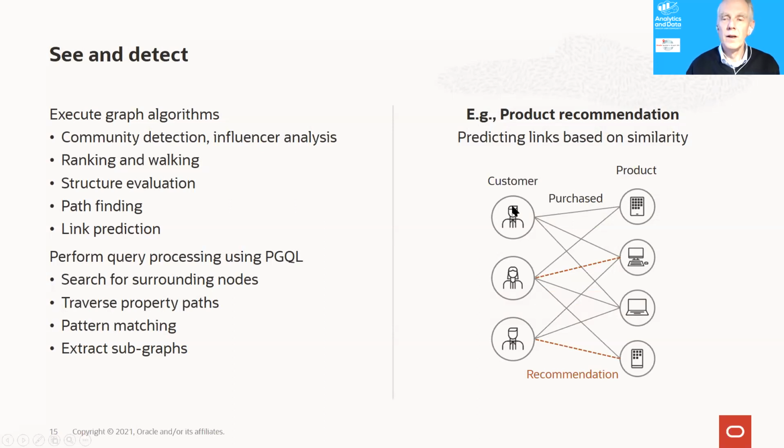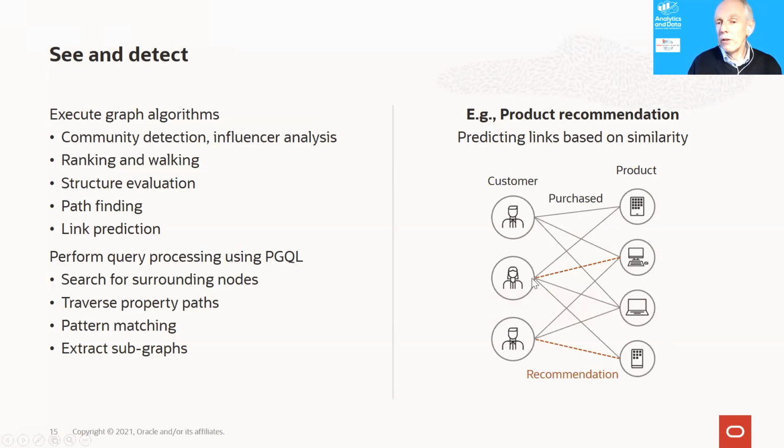If you have this sales history schema, and you have your customers and your products connected through the purchased relationship, every row in the customer table would become a vertex, every row in the product table becomes a vertex, and the edge, which is derived from the fact table, which was the sales table, then becomes an edge, which in turn carries properties.